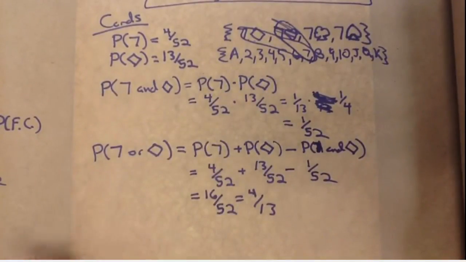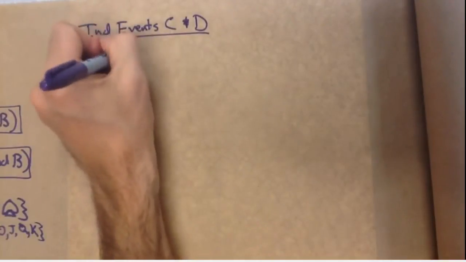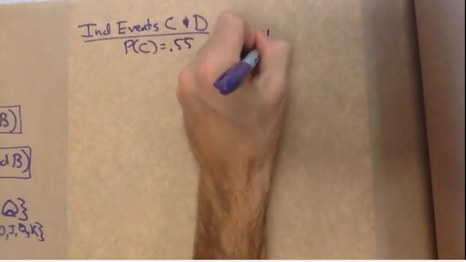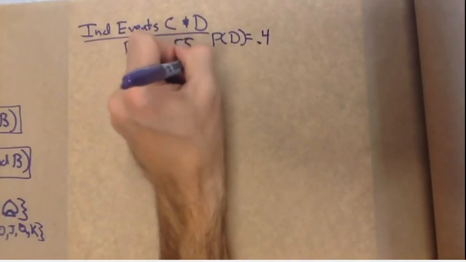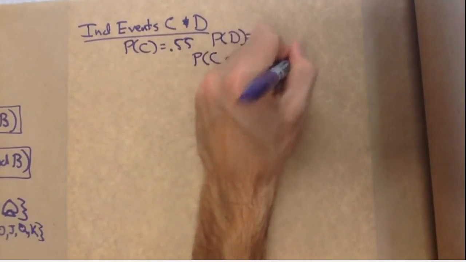Now, let's say I have a couple others with independent events. Independent events C and D, where I know the probability of C is 0.55, the probability of D is 0.4, and the probability of C and D is 0.22.